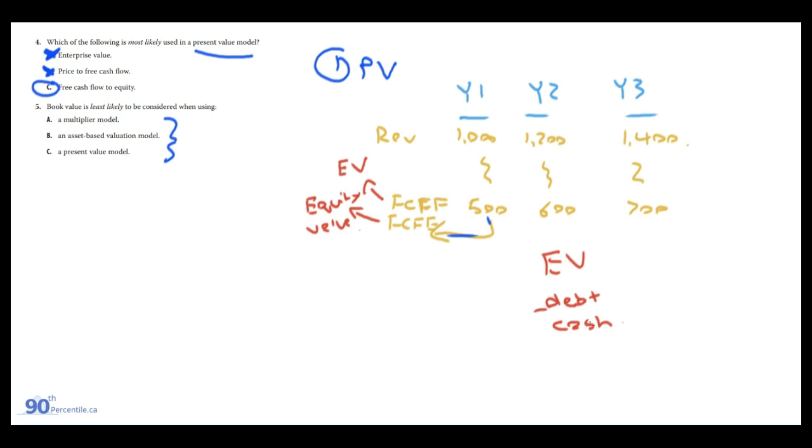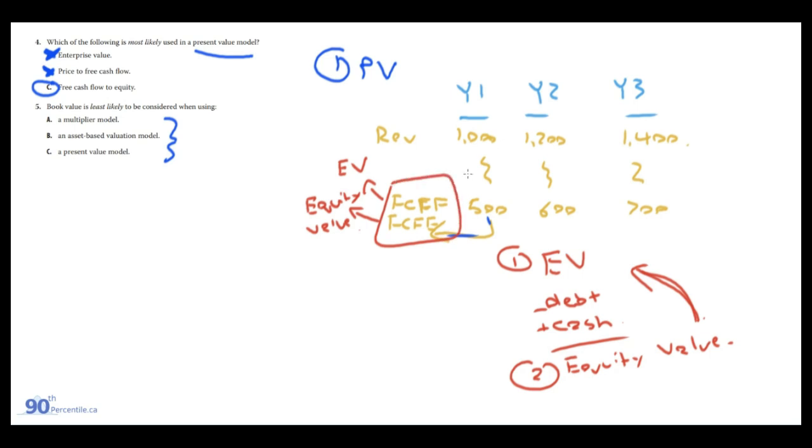You would subtract debt, add cash, and calculate your equity value, because that's the relationship between enterprise value and equity value. So for free cash flow to the firm, you would start here, but for equity value, you would start here, and then if you wanted to, you could work your way back up. It's the same kind of thing. It's just that the calculations for the free cash flow are a little bit different.